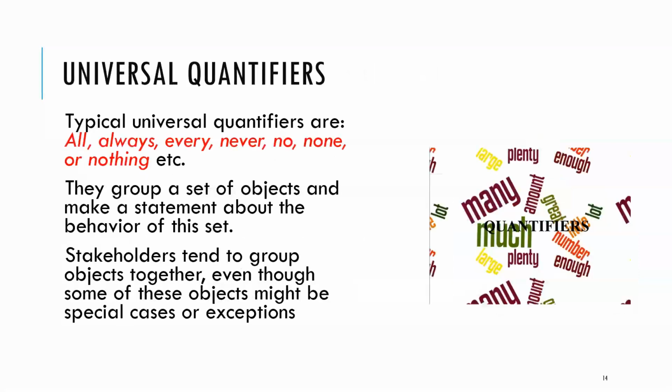Third, the dangerous universal quantifiers. Stakeholders tend to use these quantifiers very often, like all, always, every, never. And let's remember that every time somebody says this happens every time, there is definitely an exception. So these are pointers for us to find exceptions in the process.